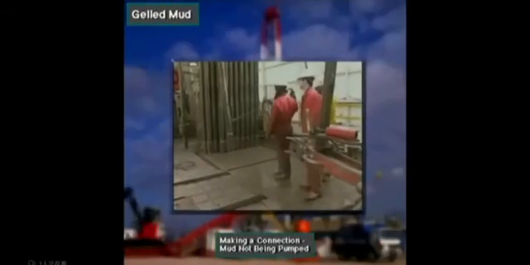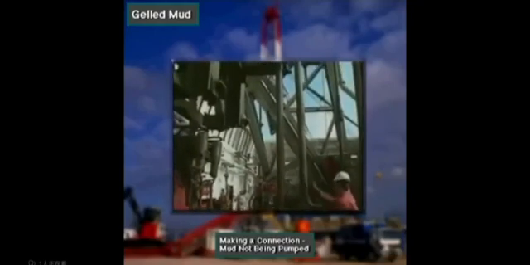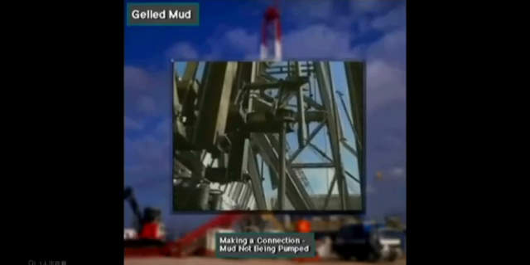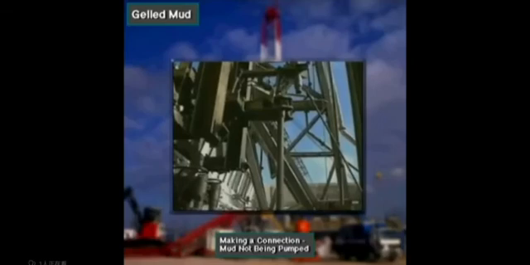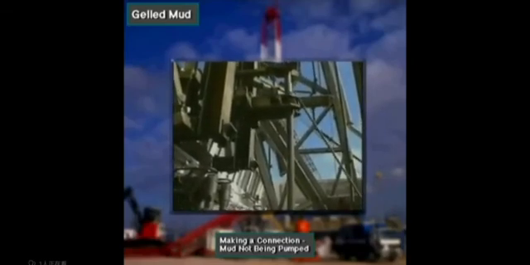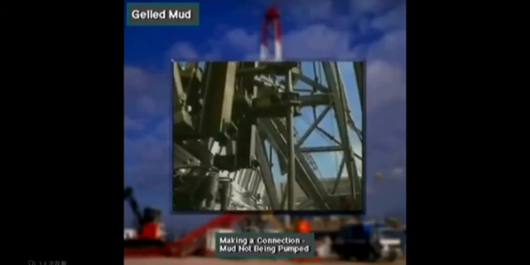When drilling stops, say to let the crew make a connection, add a joint of drill pipe to the string, the driller normally stops pumping mud. When pumping stops, the mud stops moving.